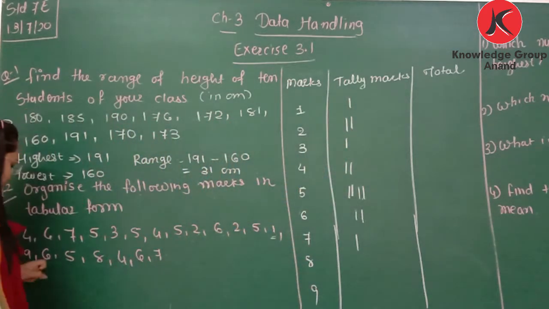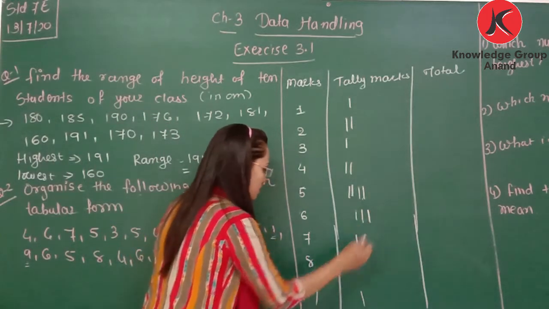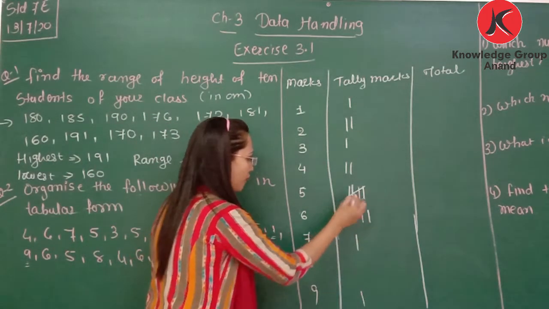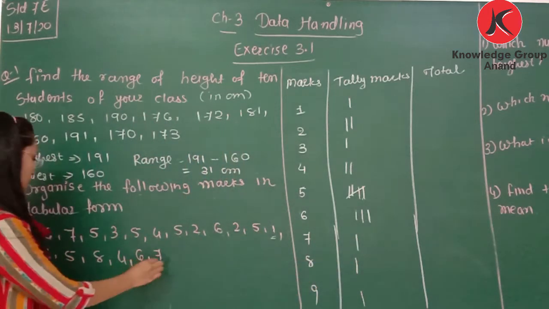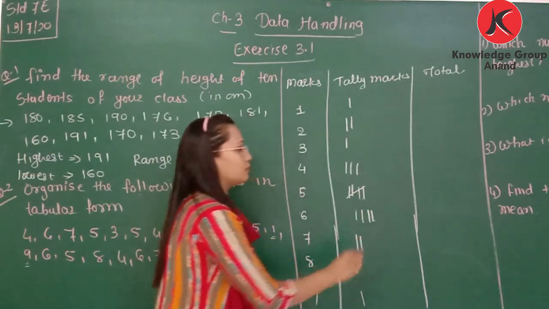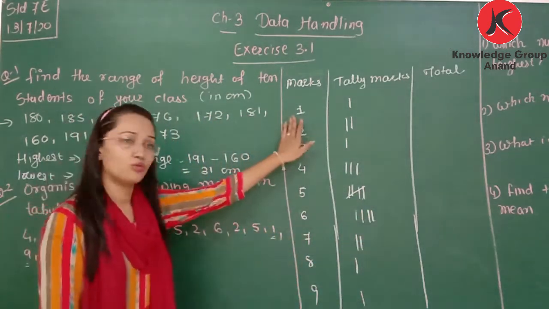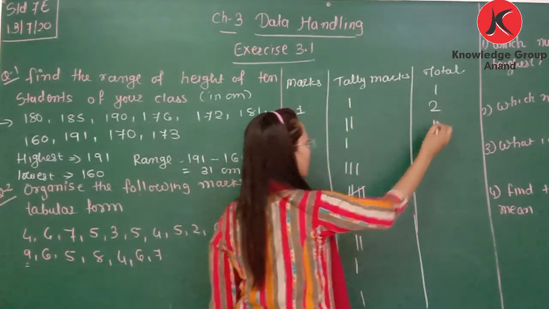After that 9, 6, 5, 8, and 4, 6, 7. Now we count the total line. So here 1, then 2, then 1.